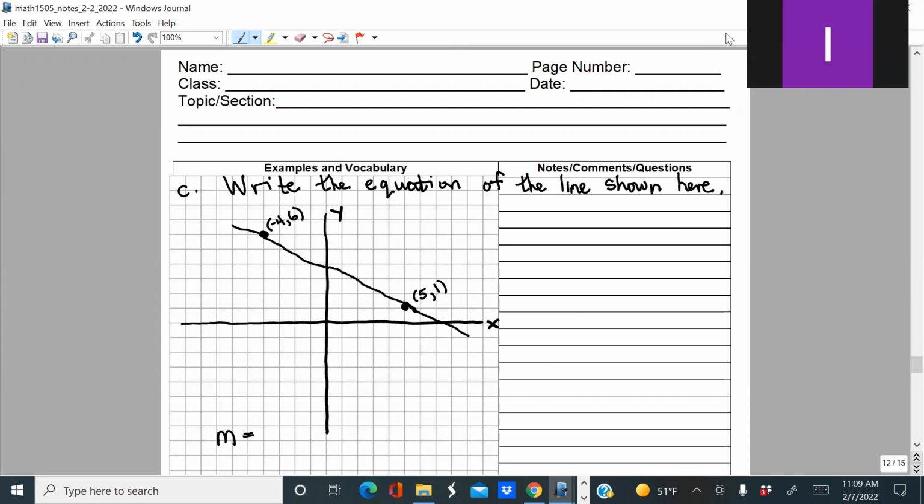Sorry, one second. I got my equation messed up. Okay, all right. Someone else out there can beat Ishan to it. Just what do I put in here to calculate the slope? You guys are shy, so I'm gonna have to call on you.